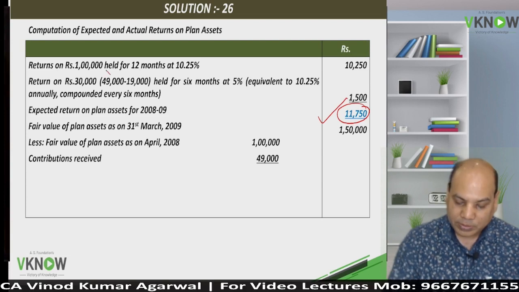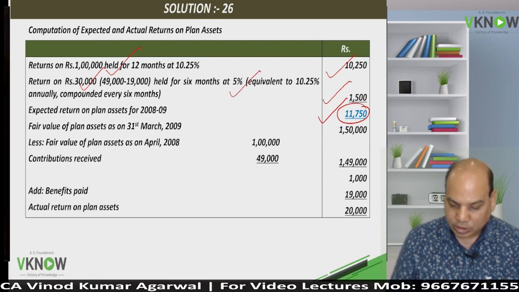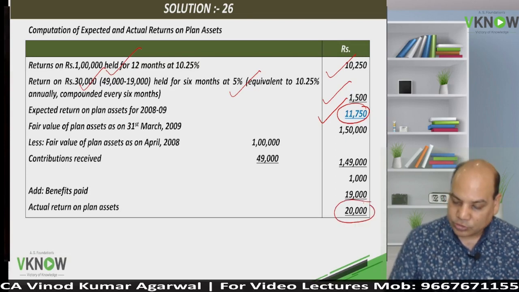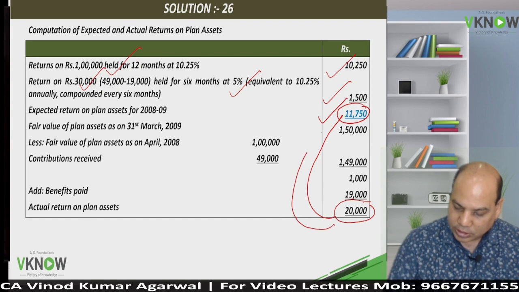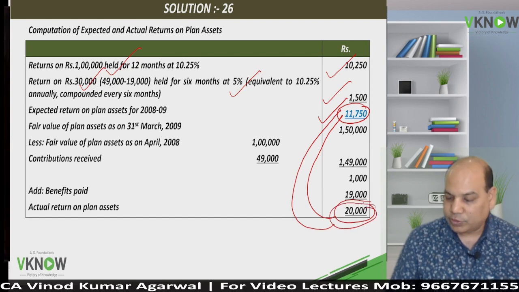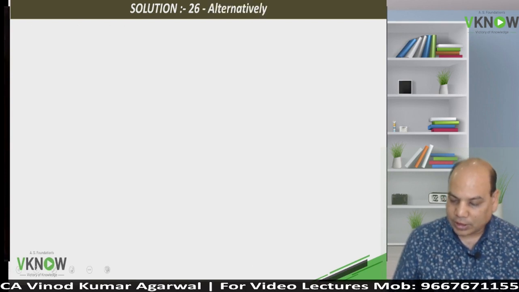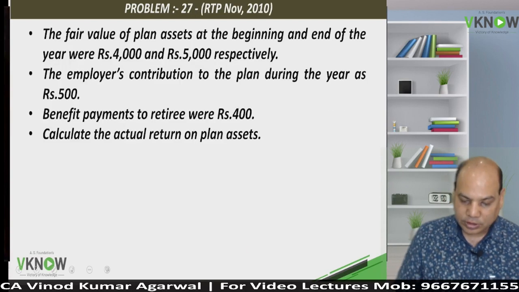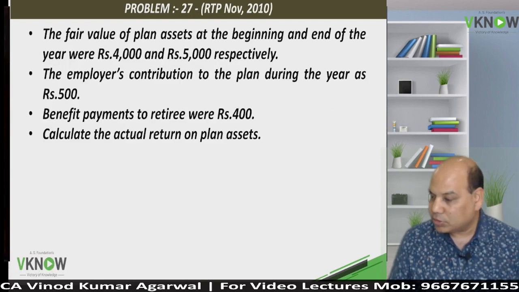On the opening balance, take 12 months. On the additional 30,000, take 5%. And then you compute the actual return, which will come to 20,000. And if they ask you actuarial gain, the difference between 20,000 and 11,750. Okay.